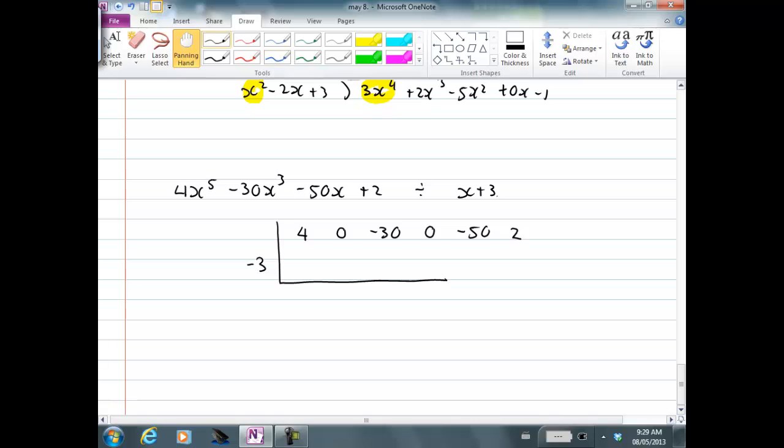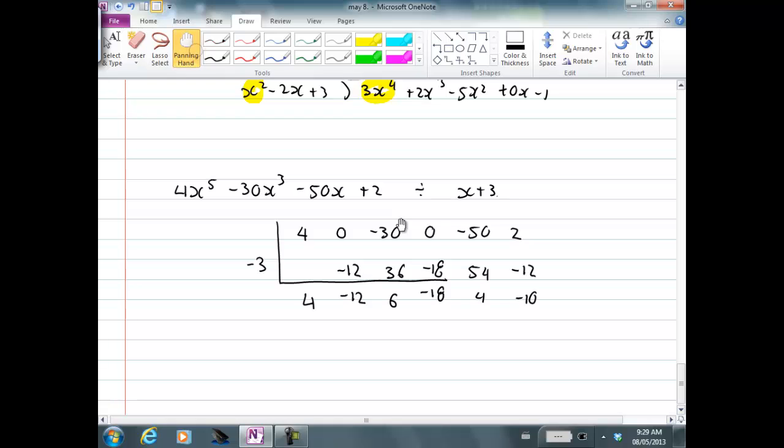You should have 4, negative 12, 36, negative 108, 54, and my remainder is negative 10.